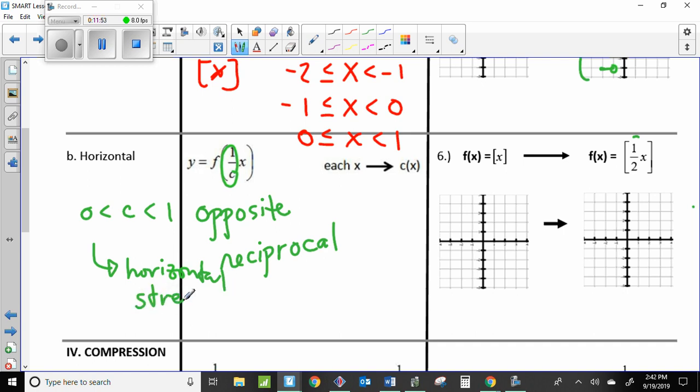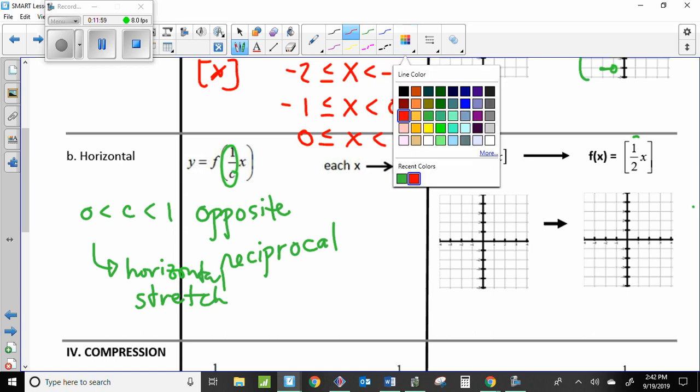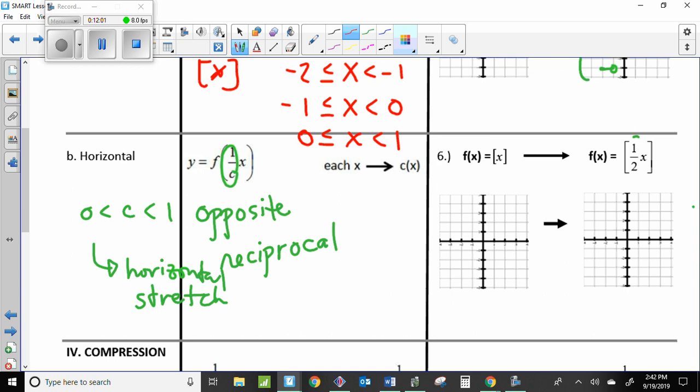So what I'm trying to tell you is, if we apply that to our example here, the greatest integer from -2 to -1 is supposed to be -2. From -1 to 0 will be -1. From 0 to 1 will be 0. From 1 to 2 will be 1.